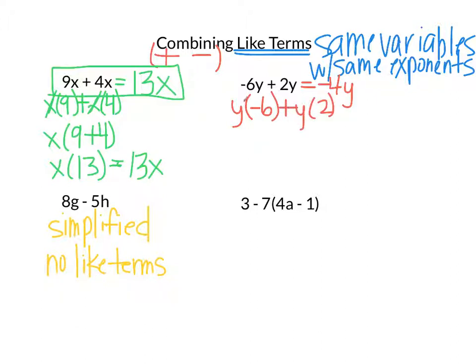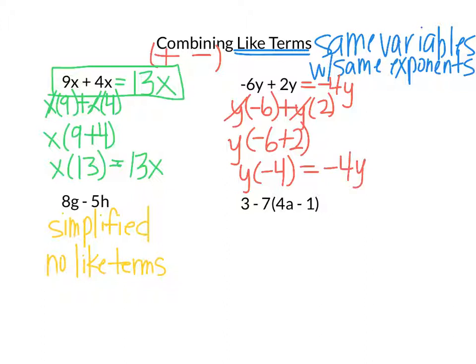We take out the factor in common and put it in front of the parentheses, and then we're left with negative 6 plus 2. This is why we can add before we multiply. We can do it in the parentheses now, negative 6 plus 2. So y times negative 4, which equals negative 4y, which is what we already knew. But now we know why.